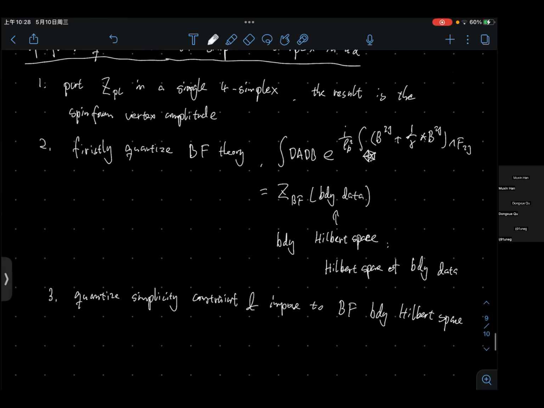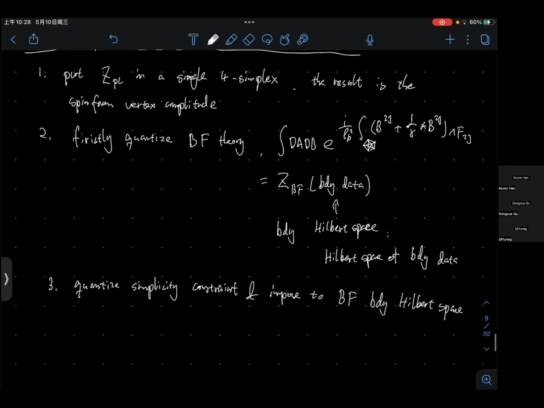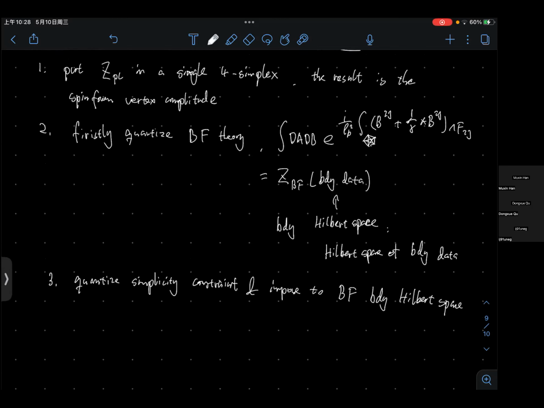The constraint will restrict your Hilbert space to a subspace, giving a restriction to the BF boundary data.